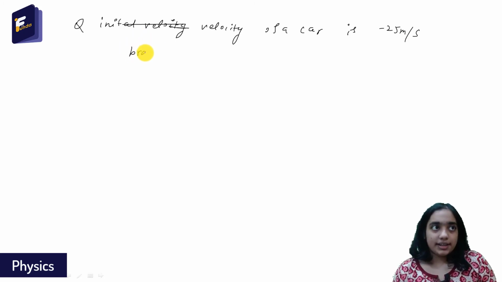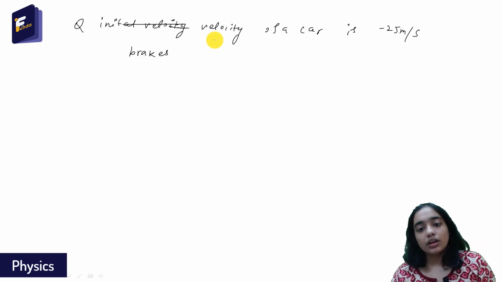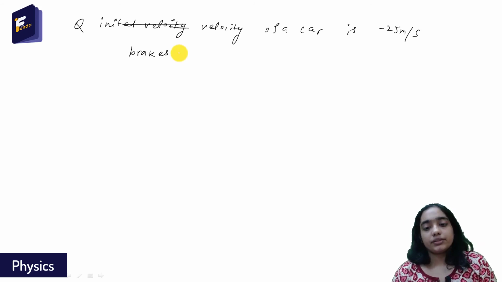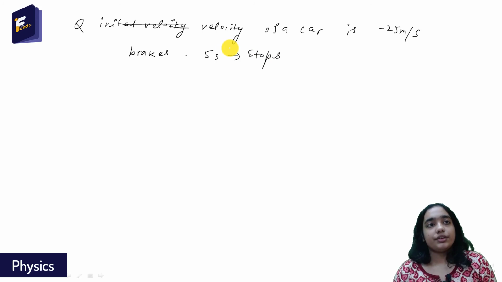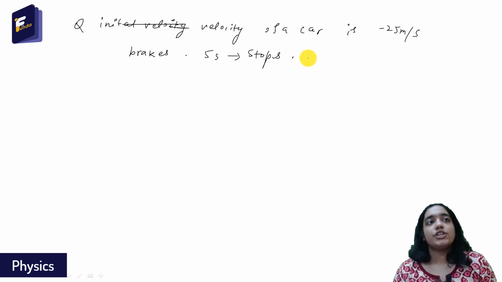Now brakes are applied, so the velocity of the car will decrease, the speed will decrease, as we are applying brakes. And after 5 seconds, the car stops. Then what is the average acceleration?